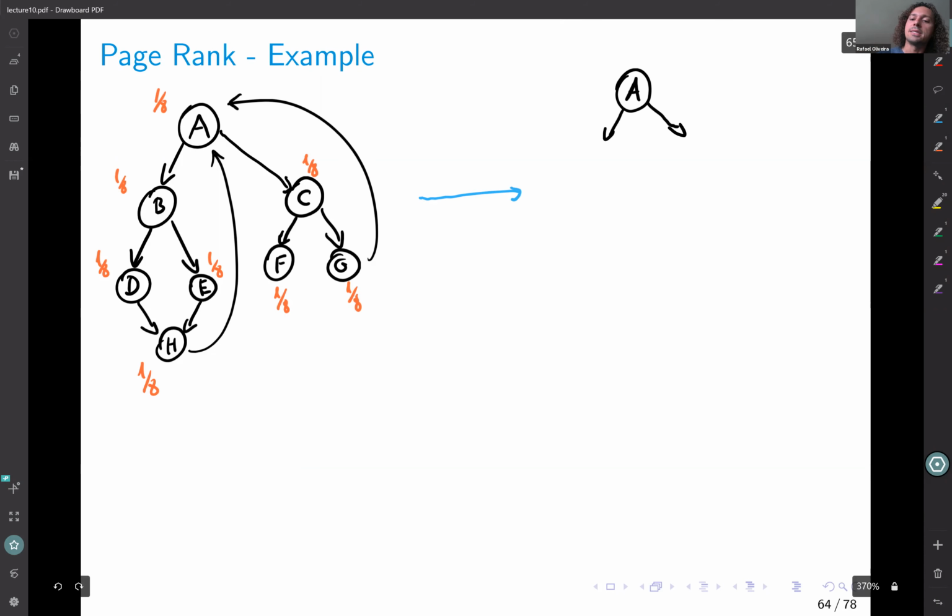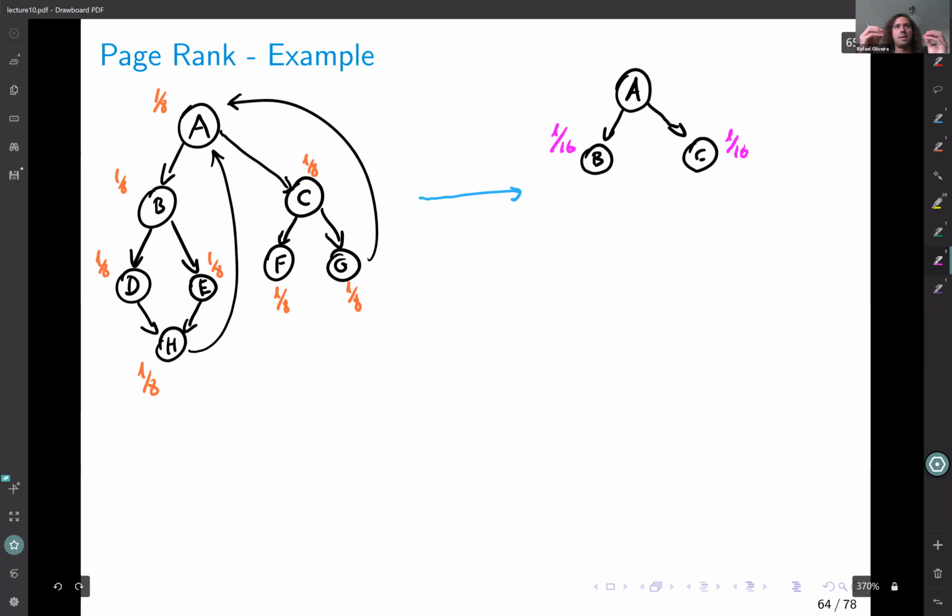So A is sending to B, and B only receives weight from A. A had a weight of 1 over 8 and it will be 1 over 16. Maybe let me put it in a different color. This will be 1 over 16. And C is also only receiving from A, so it would also be 1 over 16.